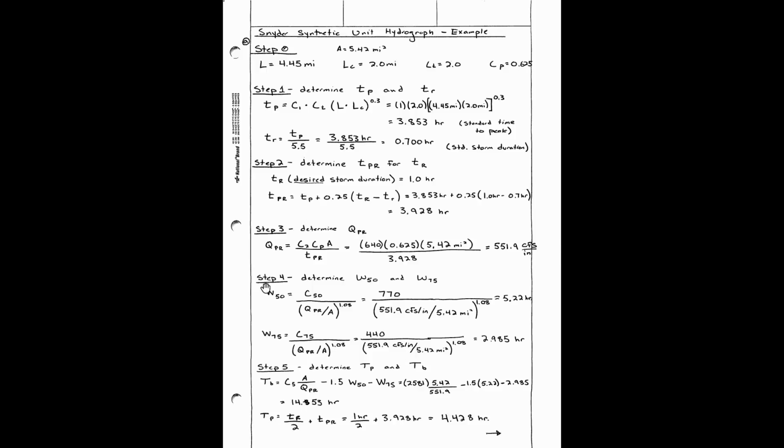So you use those factors to find these times. T sub B is the base time, the overall duration of the storm. And from the overall duration of the storm, we can calculate the time to peak. So once you have the width of it, the time to peak, the Q peak, then you can graph it.